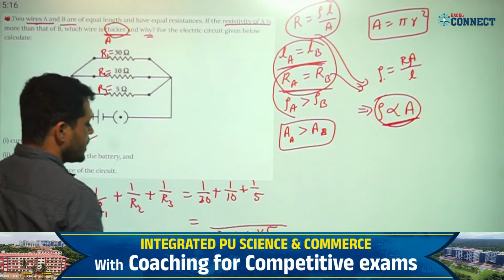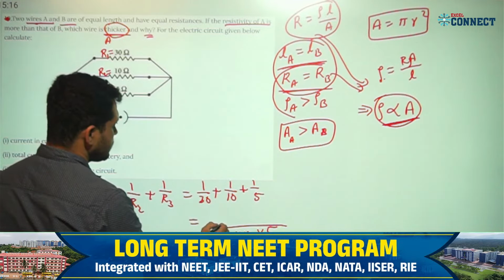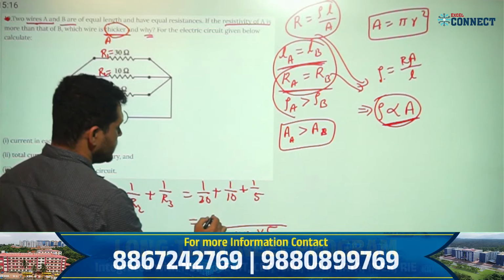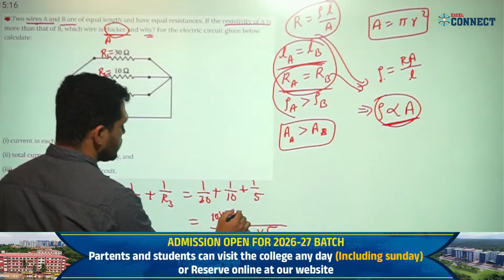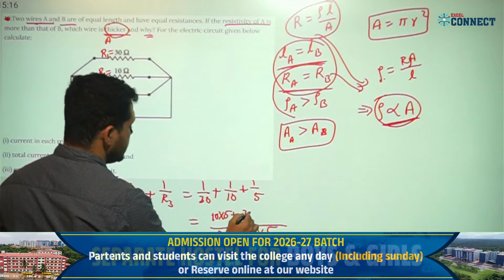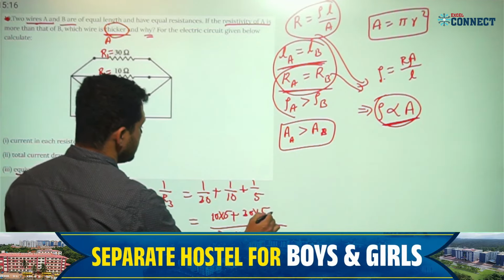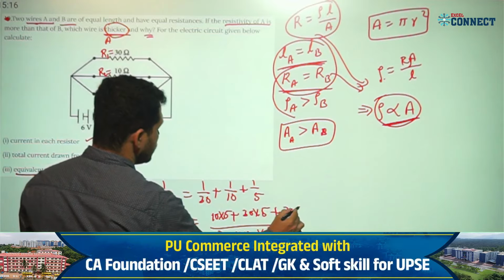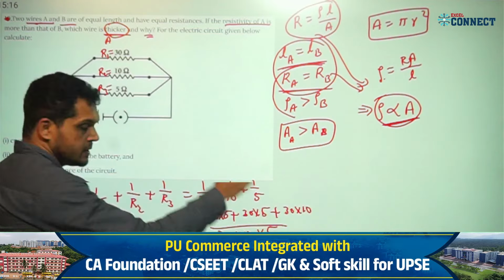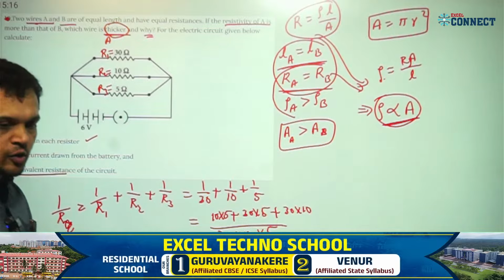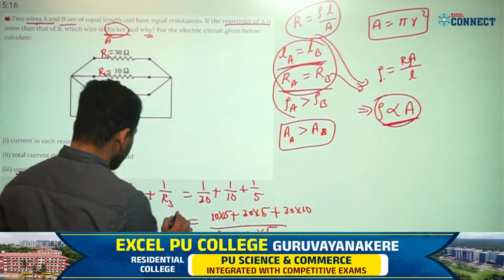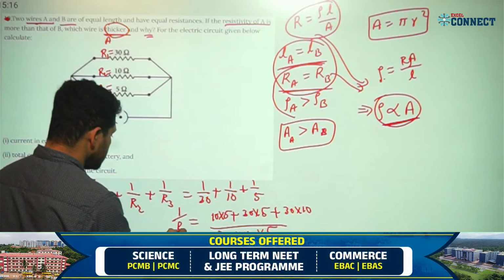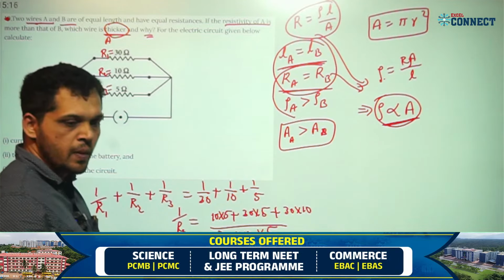Students, please solve this. In the numerator, first 10 into 5, plus 30 into 5, plus 30 into 10, and then take the reciprocal. Simplify this. This is 1 by R equivalent.